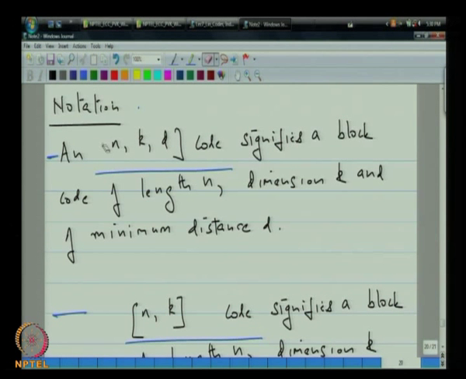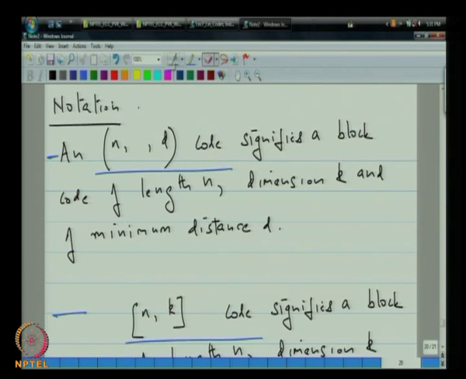First of all, the braces change from rectangular to curved. Then you do not use k.